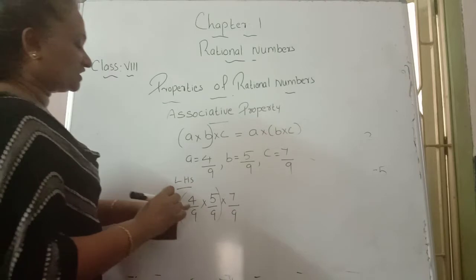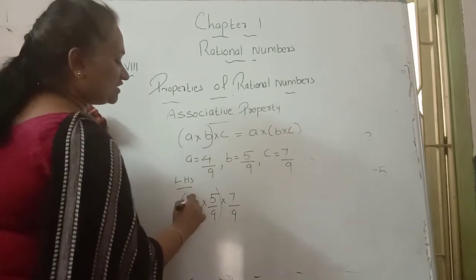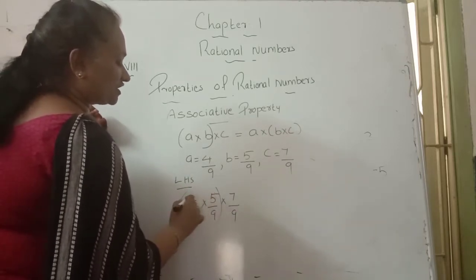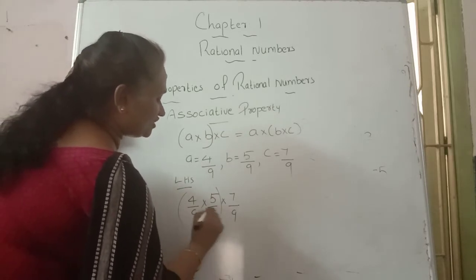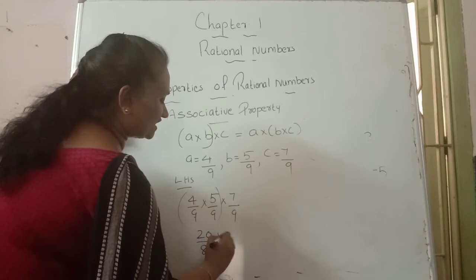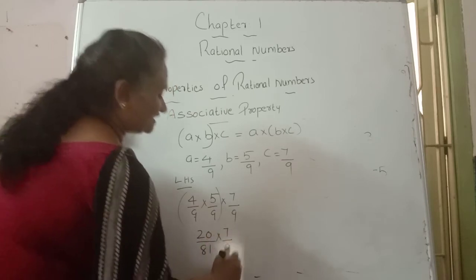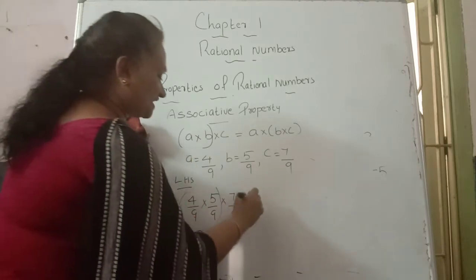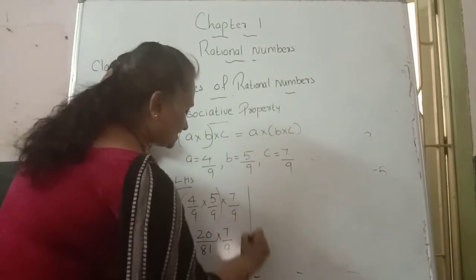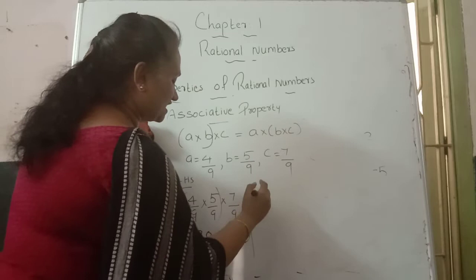Bracket first. Here cancellation is not possible. Then multiply 4 into 5, how much? 20. 20 by 9 into 9 comes to be 81, into 7 by 9. Again multiplication, 20 into 7 becomes how much?